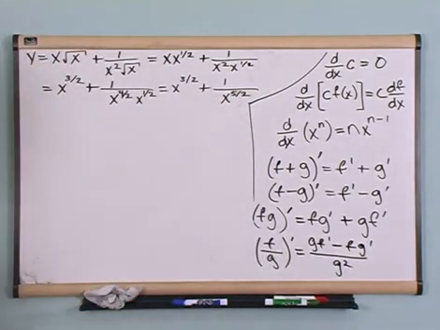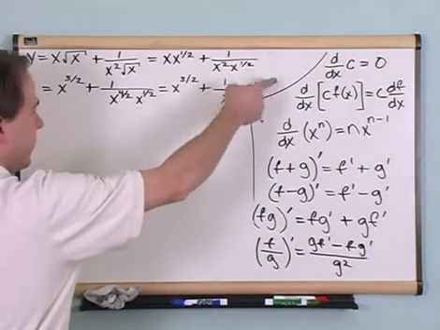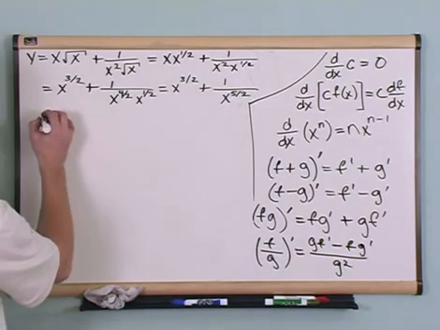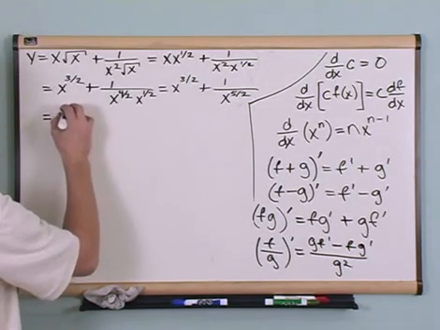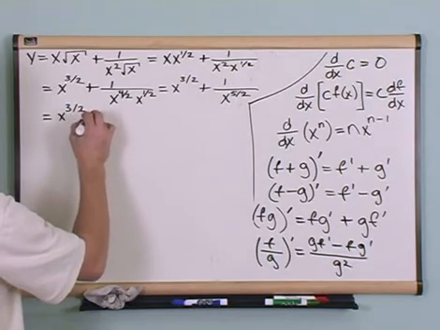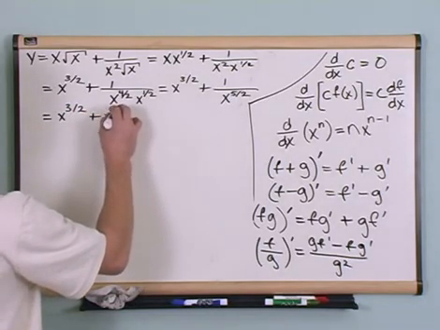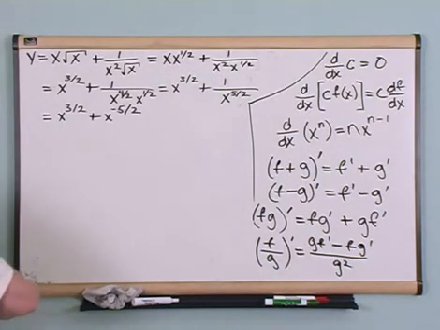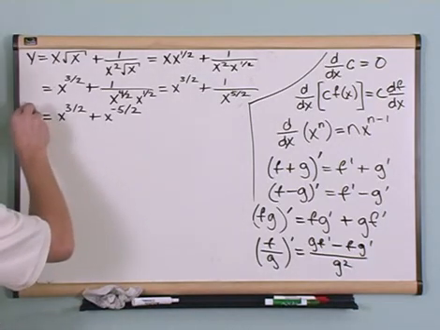And some of you may be able to do that in your head. 2 plus half is 2.5, and that's the same thing as 5/2. Okay? And just to totally beat it into the proper shape, that would be x to the 3/2 plus x to the negative 5/2.